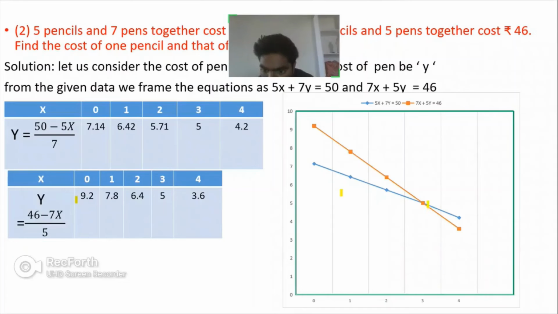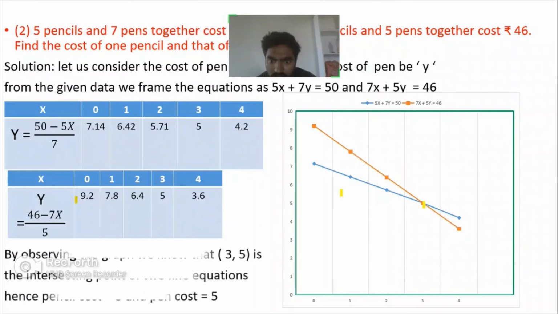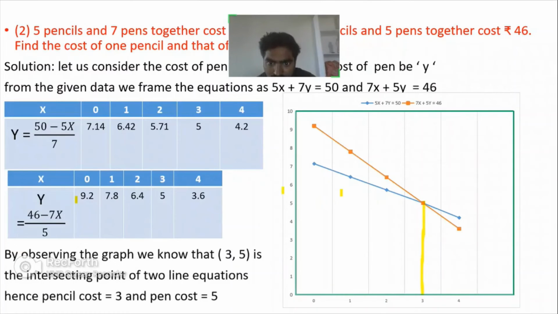So that point is denoted by (3, 5). Okay. So we can observe the graph. We know that (3, 5) is the intersecting point of the two line equations.